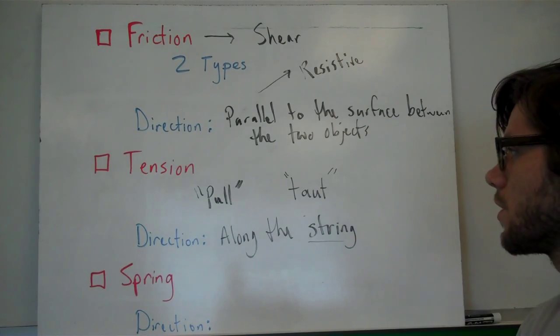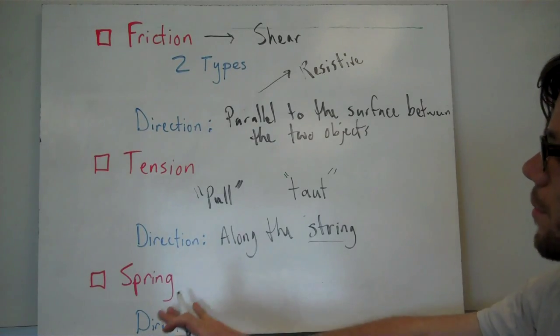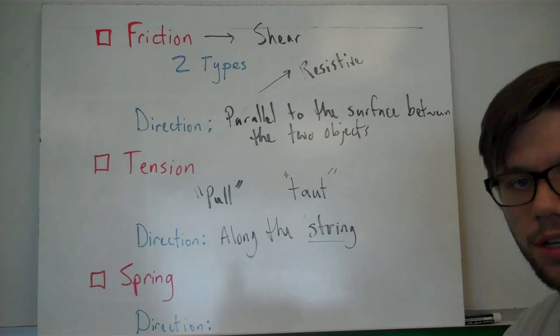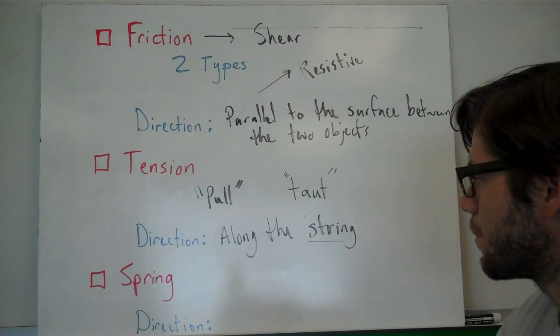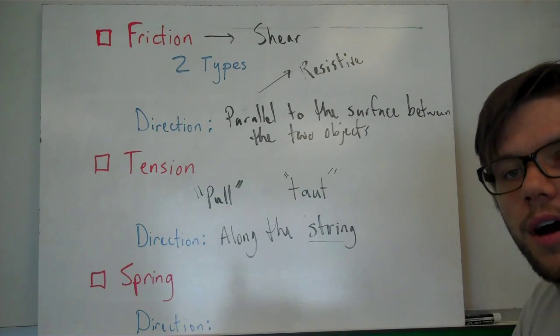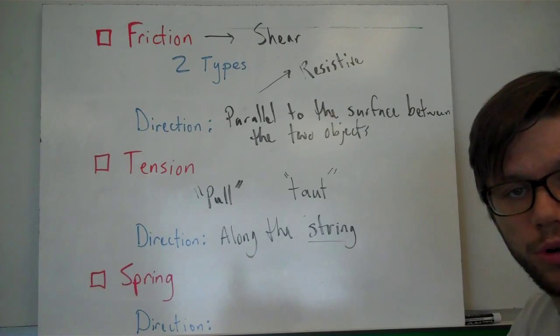The final force we're going to talk about here early on is a spring force, and this will be one that we dive into later in this unit a little bit more in depth. But spring forces are very similar to tension forces in that they're present in elastic objects that have the ability to stretch or compress.